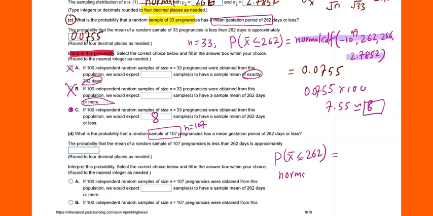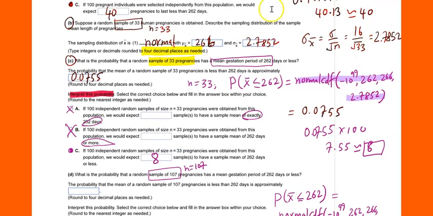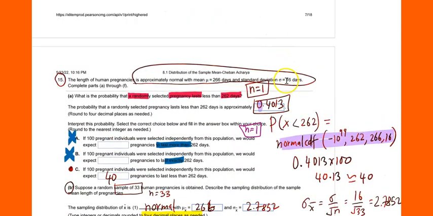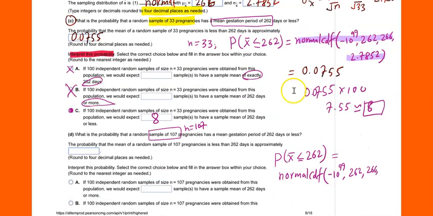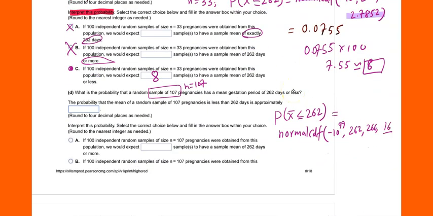Normal CDF, negative 10^99, comma, the lower bound, upper bound is 262, mean is 266. The standard deviation here you're using is 16 divided by the square root of 107.